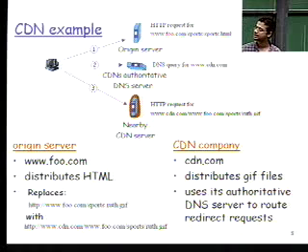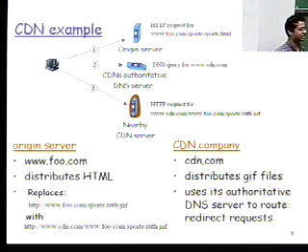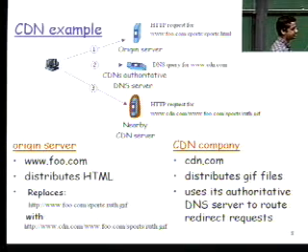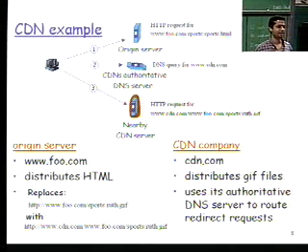Now instead of housing those images locally at the origin server, what the origin server does is it replaces that URL with a CDN URL. So now it's saying that those images you don't need to get from me but from a CDN server.